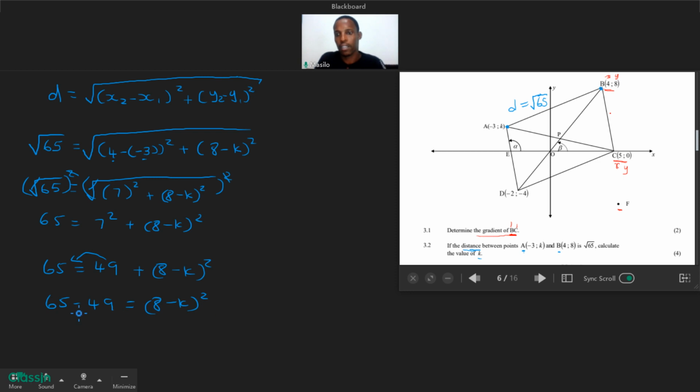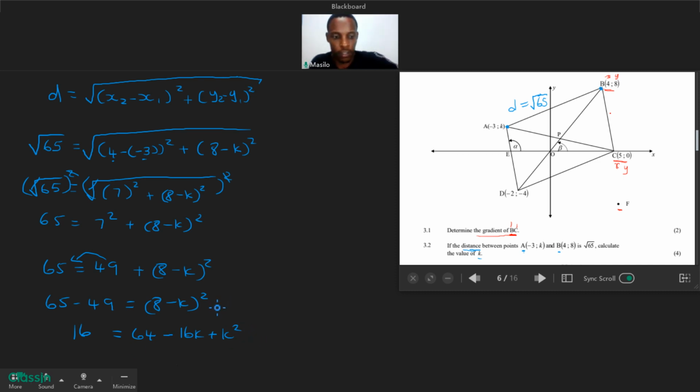Then what is 65 minus 49? The answer must be 16. The answer is 16. Then 8 squared, 8 multiplied by 8 is 64, minus 16K plus K squared.